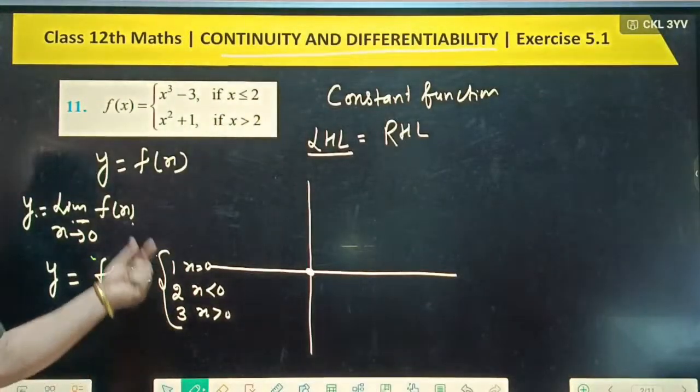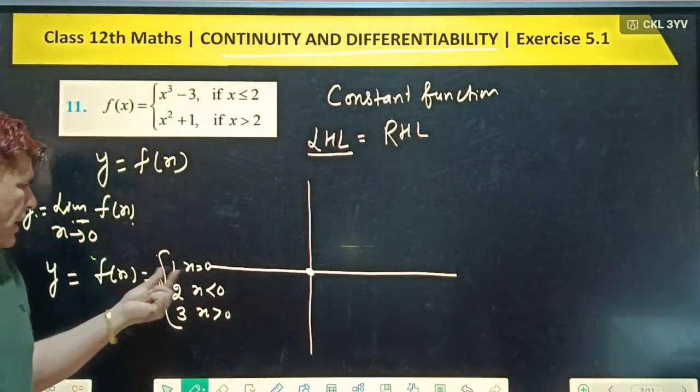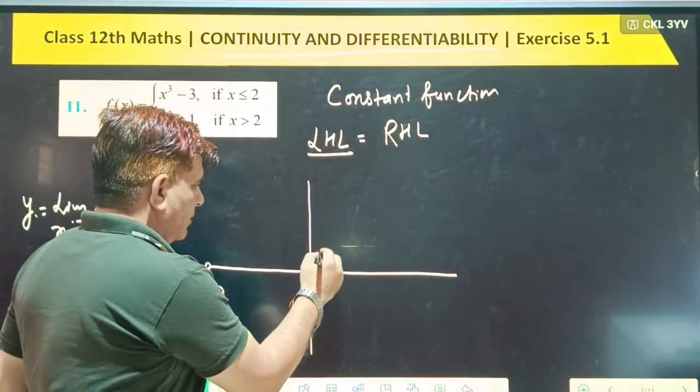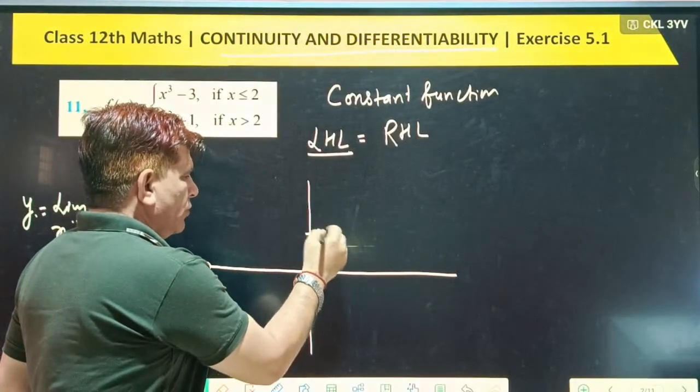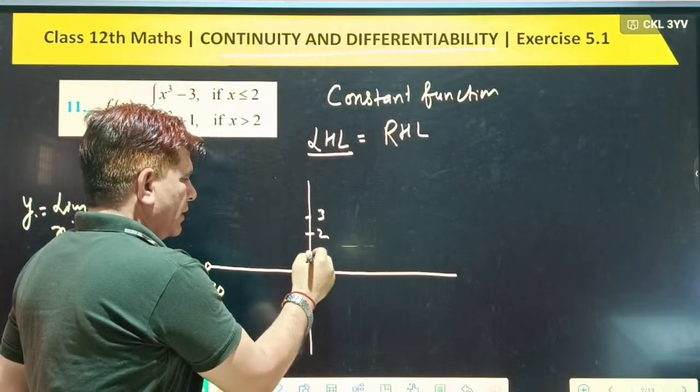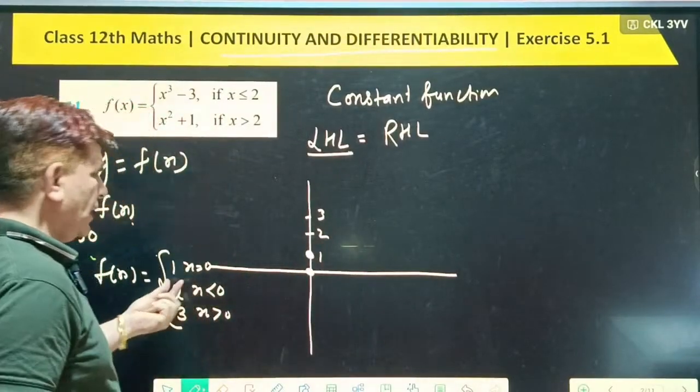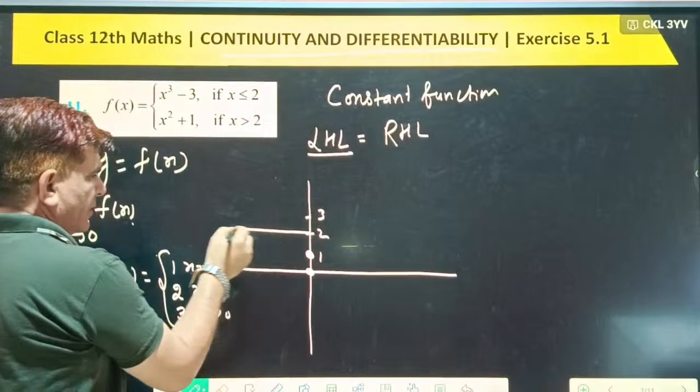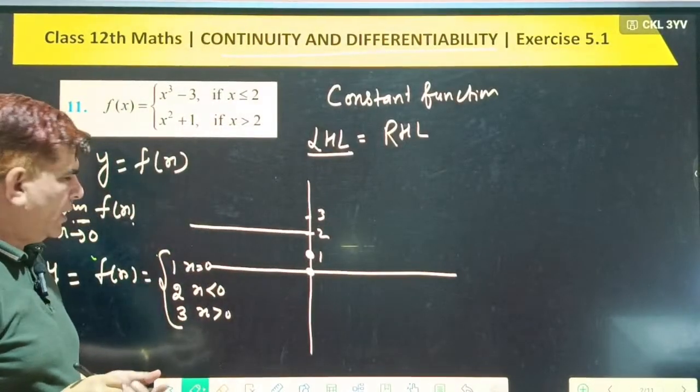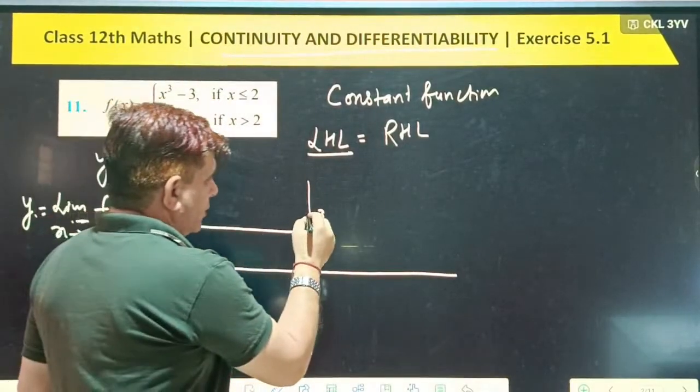So is it continuous? No. Why? At x equal to 0, this is 1. This is 2. This is 3. So here is this. And when x is less than 0, its values are like this. And when x is greater than 0, its values are like this.